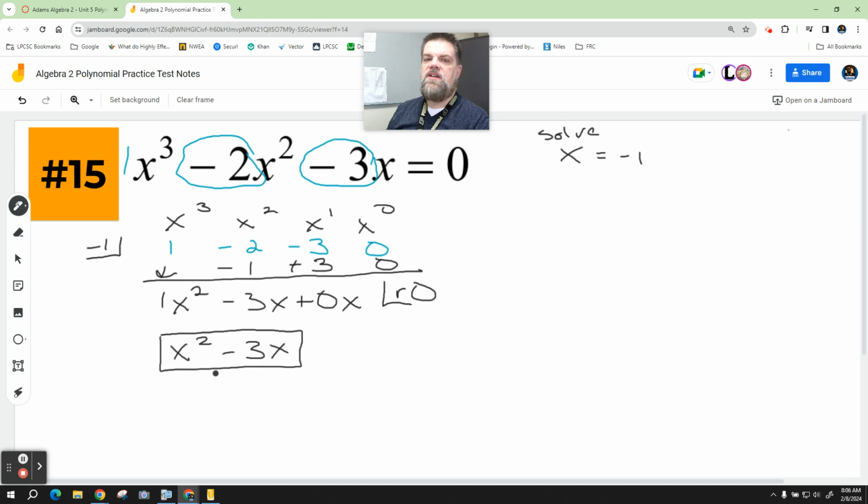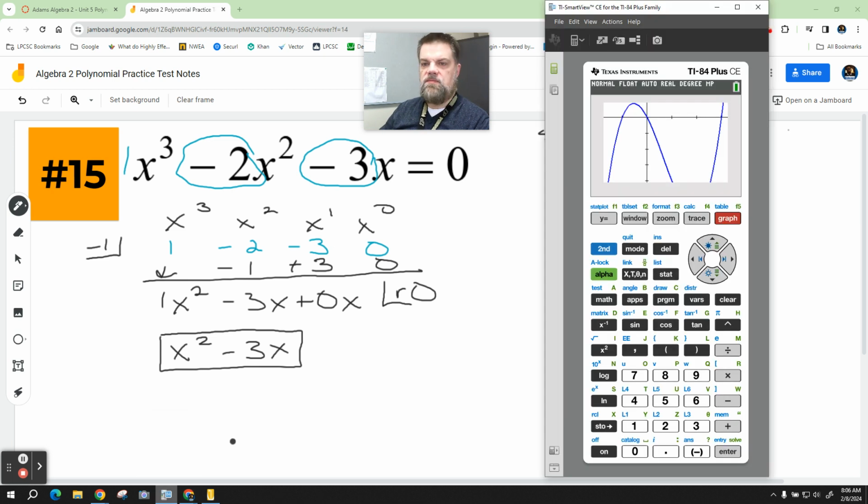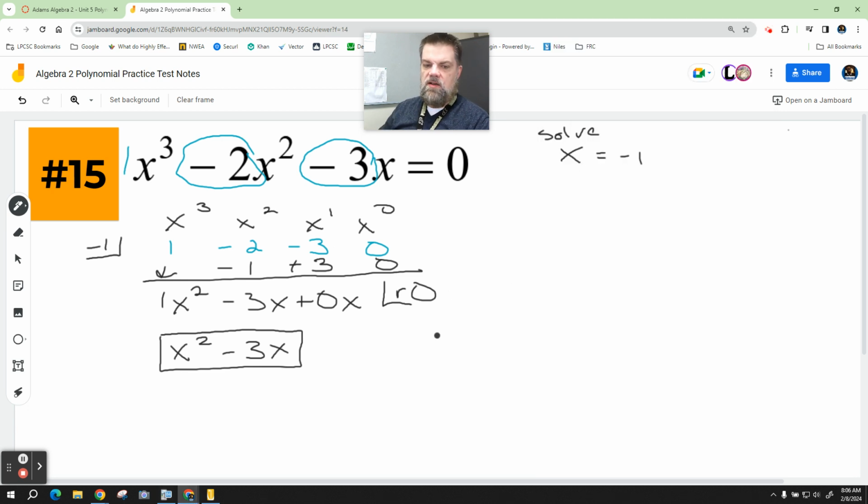Well, what was one of the zeros that we thought it was? How about 3? Do you think 3 is one? Let's see. Hit trace. Type in 3. 3 is 1. So now I'm going to say x equals 3. And so to verify that, I'm going to do this, but I'm going to do it to this term.